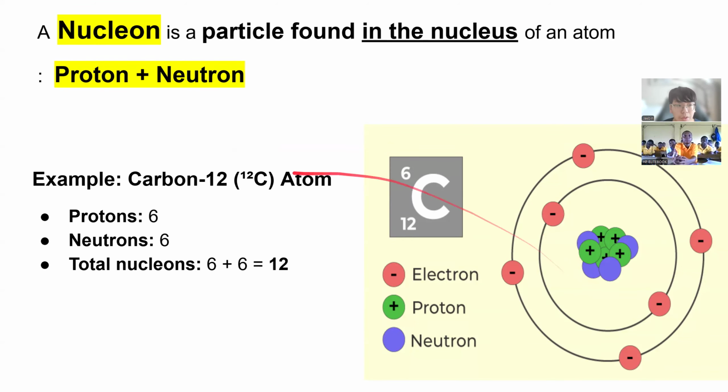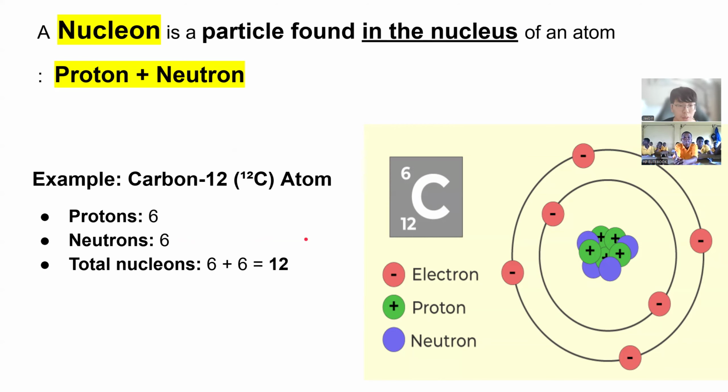We have seen before, nucleons are particles found in the nucleus. It's protons plus neutrons. An example is a carbon-12 atom, which has an atomic mass of 12, which means that there are 6 protons and 6 neutrons, and therefore the combination of these two, 6 plus 6, is 12.